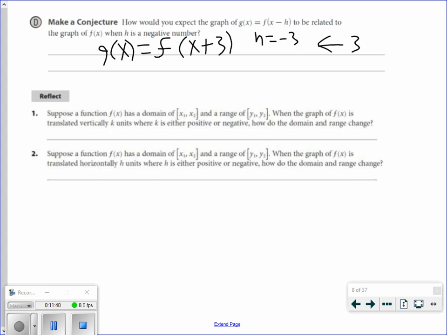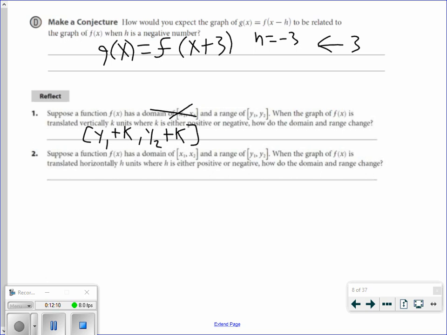Sorry, you're moving the graph up or down, so you're moving the y values by a k value. So the domain doesn't change, but the range will now be y1 plus k, comma y2 plus k. And obviously it depends on whether k is positive or negative, whether that makes it bigger or smaller. But you add k to the range, and that's what your new range is going to be.